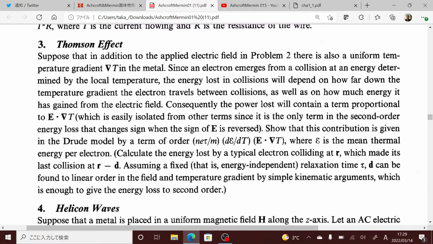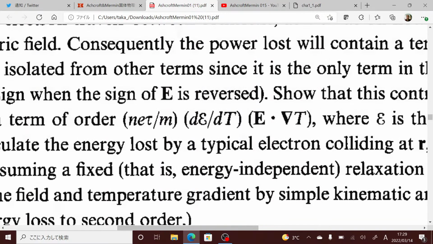E dot nabla T, where epsilon-bar is the mean thermal energy per electron. Hey, how do you get mean thermal energy? I think the question is how we get this done.